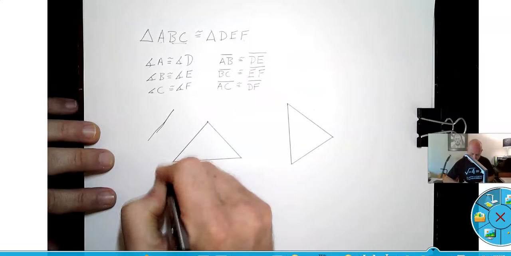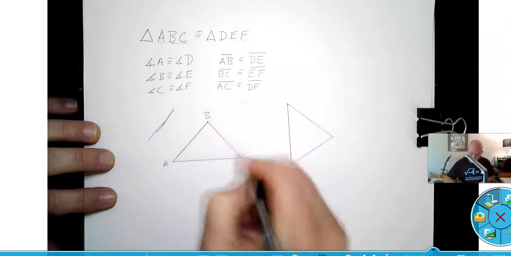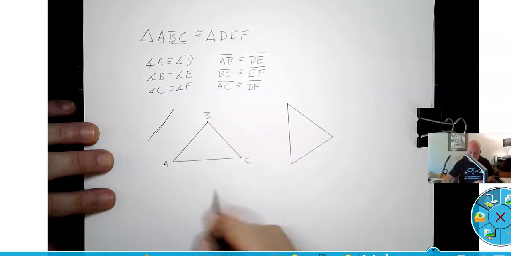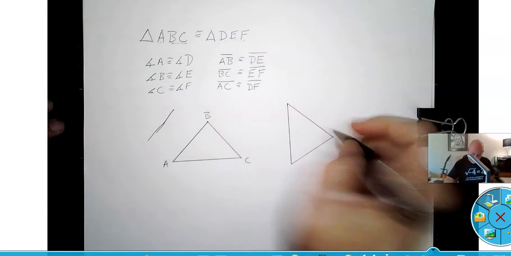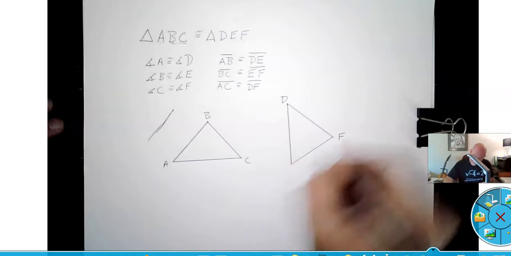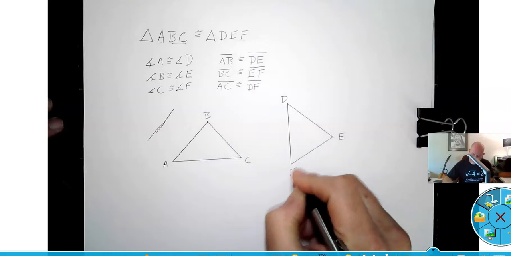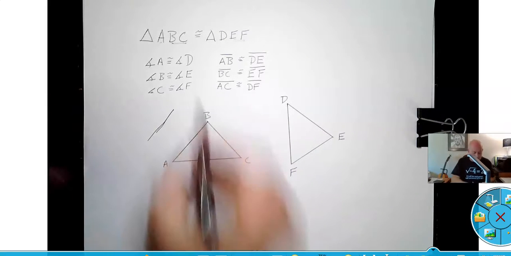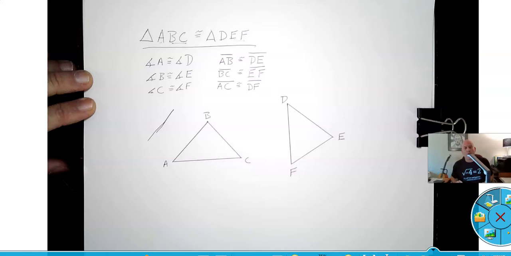Okay, so let's say this is A, B, C. Okay, and then this is D, E, F. And we want to figure out from these two statements which sides correspond to each other, right?